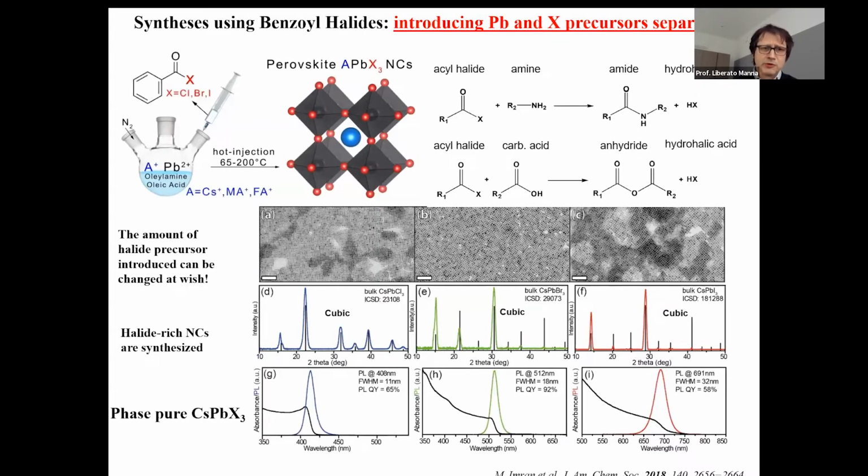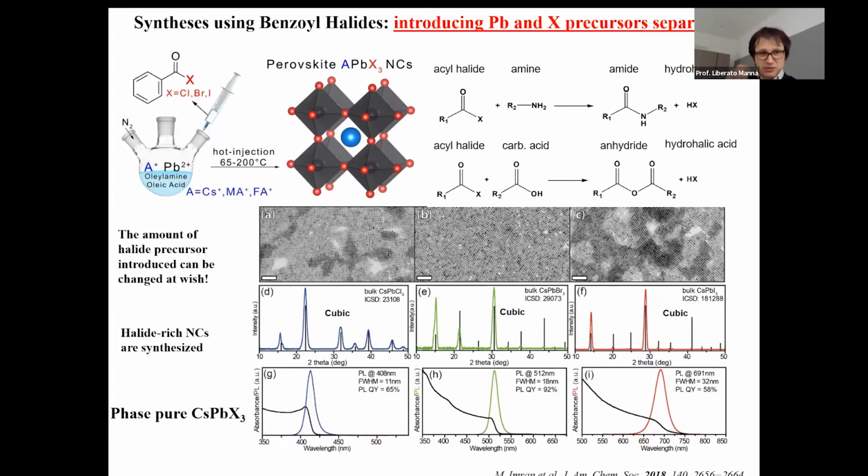One important contribution that we gave to the field of perovskites was the use of single precursors like benzoyl halides, which, introduced in the synthesis reaction, react with the amines and the carboxylic acids in the environment, freeing hydrohalic acid, which acts as the source of halide in this system.